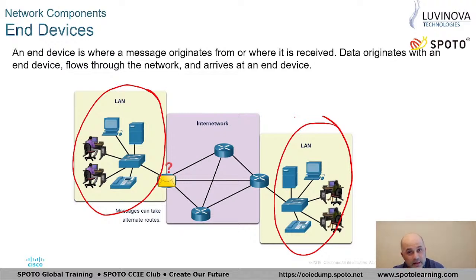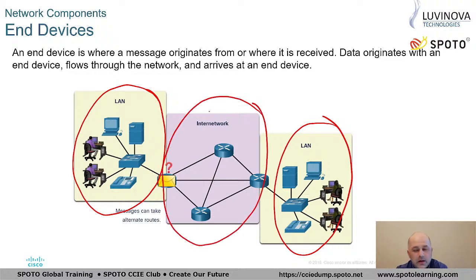We have a LAN, we have another LAN, and between the LANs we have the internet. So this is your internetwork. This internetwork allows all end devices to communicate with each other. If one end device sends a message to another end device, it will go through the internetwork.